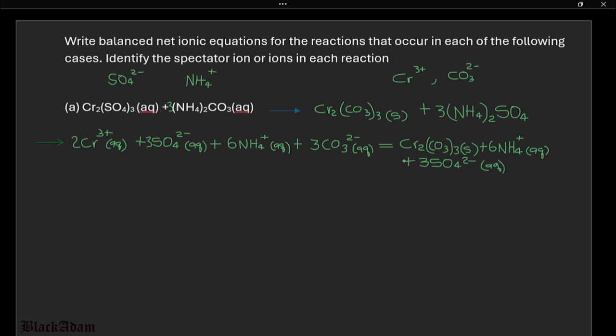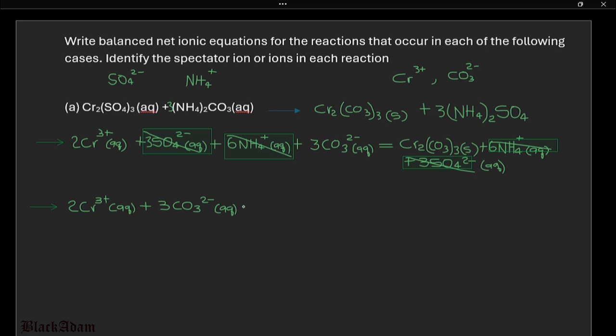And from there we have sulfate ion 3, they cancel, and we have ammonium ion 6, aqueous, they cancel out. So we have the ions left: 2 chromium ions, which are positive 3 each, aqueous, and then we have 3 carbonate ions there, which is 2 negative, once again aqueous.